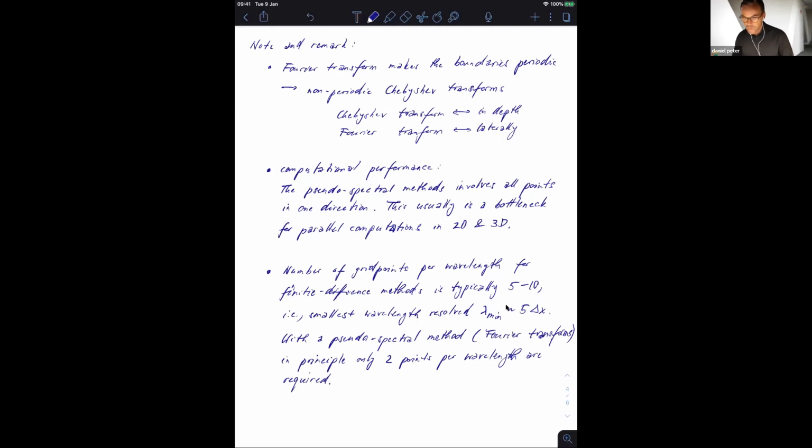So that means we can basically achieve with the same grid, we can resolve higher frequencies when we use a pseudo-spectral method. Or if you want to achieve a certain minimum wavelength for your simulation, we can choose a coarser grid when we use a pseudo-spectral method compared to a finite difference approximation, for example.